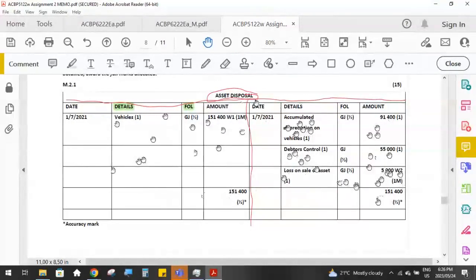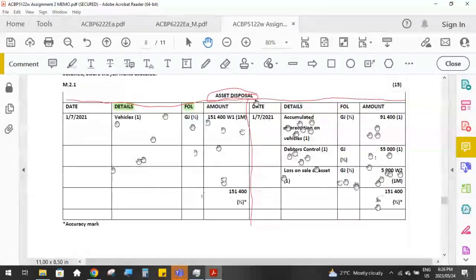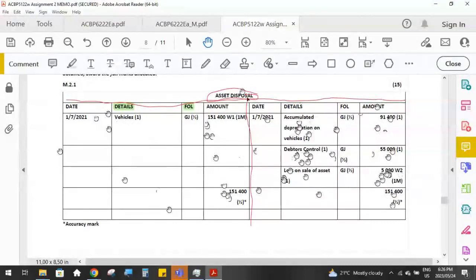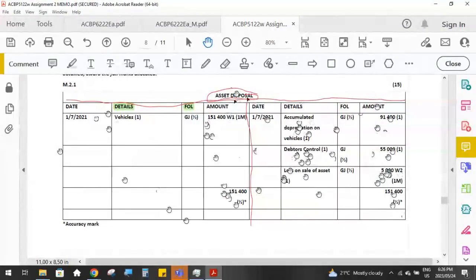So now after we've done that entry, the left-hand side is 151,400, the right-hand side is 151,400, and there is no balance to carry forward. So the asset disposal account is cleared off to zero, and this account is then closed until we need it the next time we sell an asset.